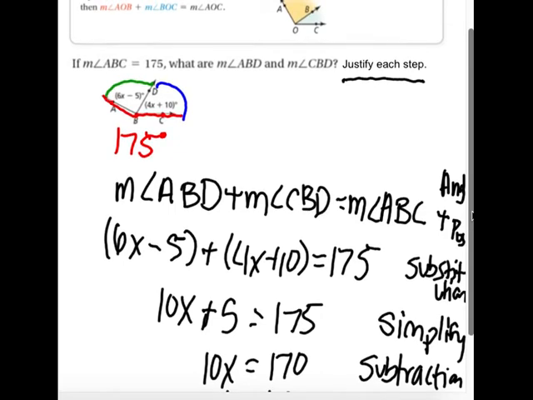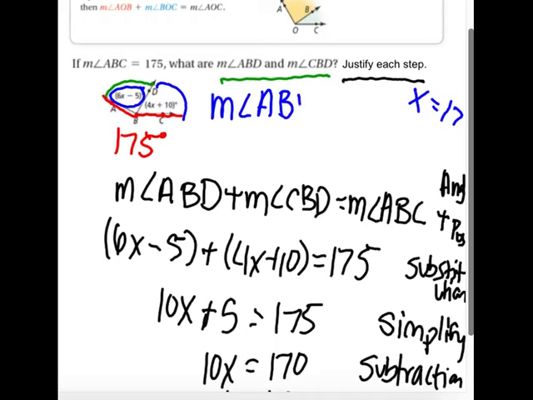It asked me in the question, so what are the angles? So ABD, I'm going to write myself a little note up here. I know x is 17. So if I plug 17 into ABD's little equation, 6x minus 5, so plug 17 in for x, I know the measure of angle ABD is 97.